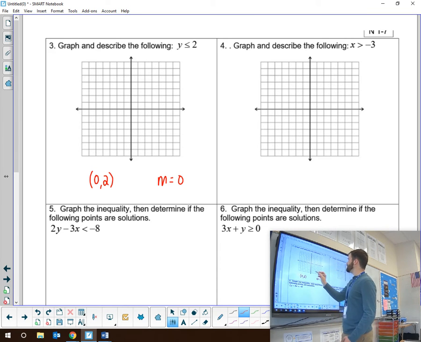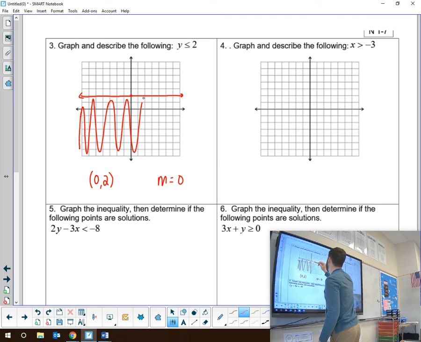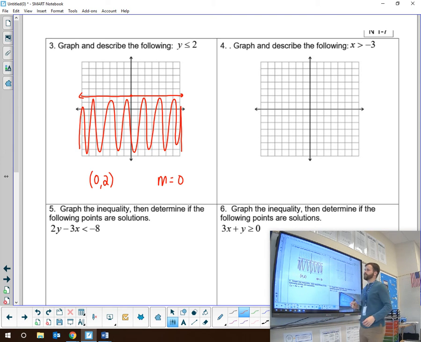Because what it is, everything that equals 2, okay? And since it is less than or equal to 2, it's going to be a solid line, and it's going to be everything less than 2, so we're going to shade below, okay? So if it's y, remember that's a slope of 0, we just have a flat line.